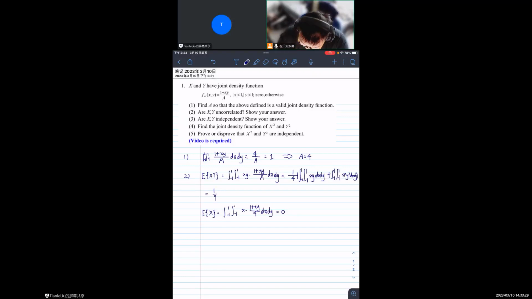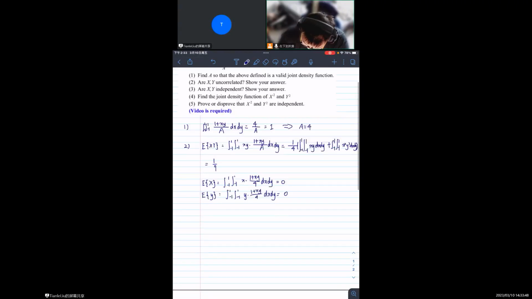But for the complete steps, we will also do the expected value of Y. We'll find it also equals 0.